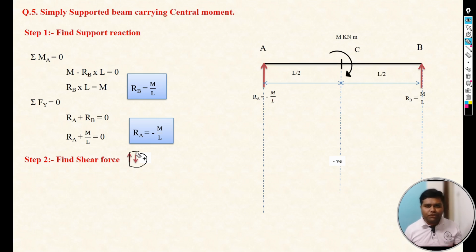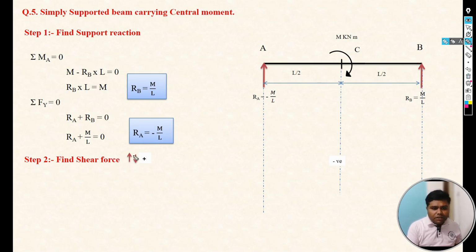I will give the link of that video in the description box, so go to that link and see the basic parts, how we have covered it and how we consider the sign convention. These sign conventions we are considering mean clockwise couple.